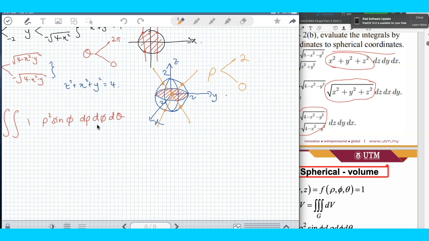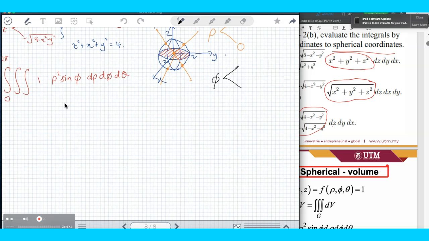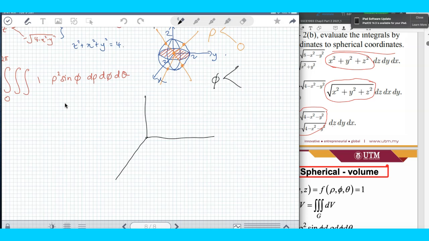Okay, and then how about the phi? The phi, as I mentioned before, is just like an umbrella. For the umbrella, the largest possible phi is just 90 degrees, right? You open the umbrella wider.